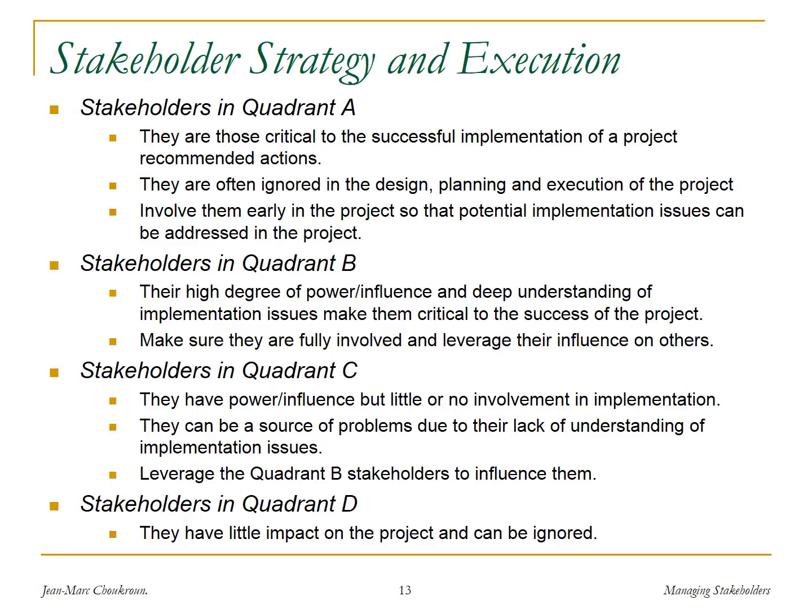So you ignore those who are low, and then you pay some attention to those who are low-high. But the key here is those in A, those who are critical to the successful implementation of a project, and who often are not sufficiently involved in the project design and the project development.